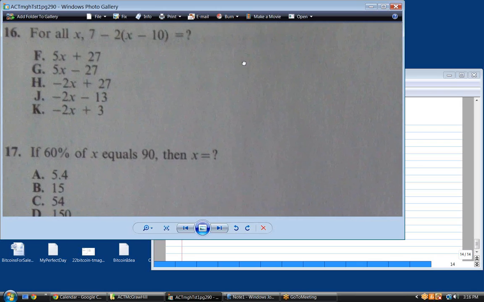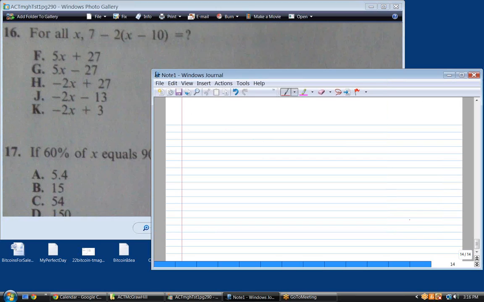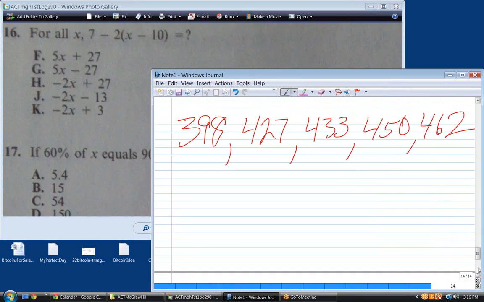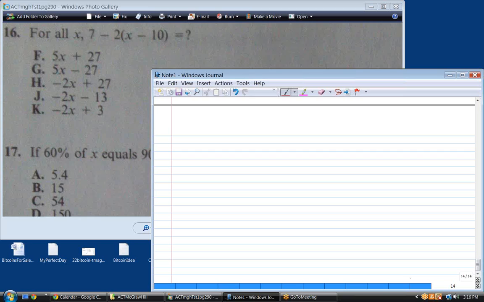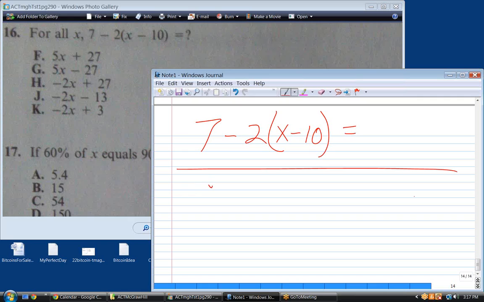Okay, number 16. Now, it's always worth looking at the answers before you attempt to do the problem. Because when we first look at this, it's not clear what they want.